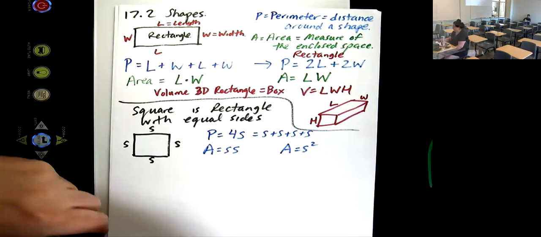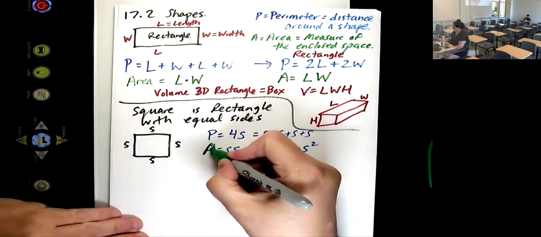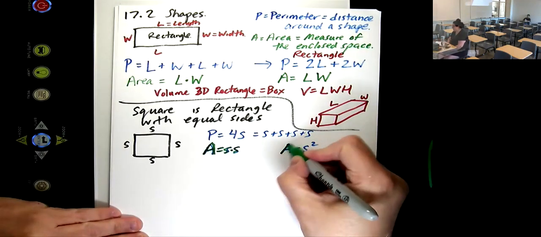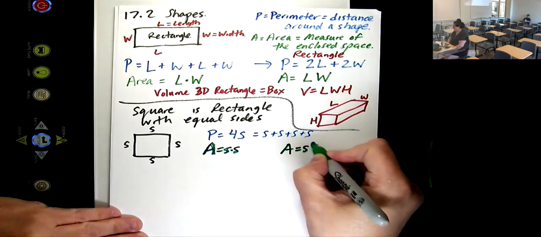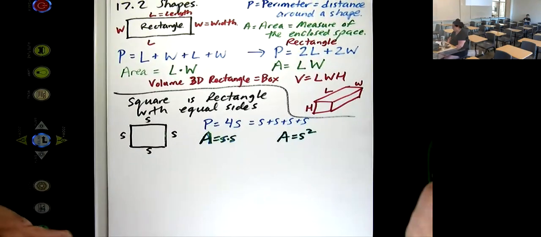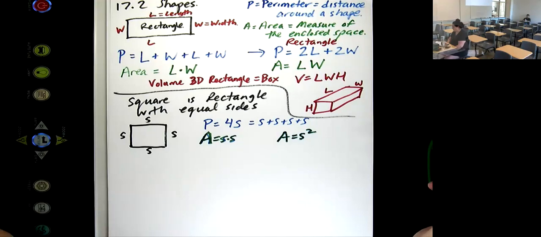I meant to do that in green. So the area of a square is A equals s times s. Good stuff.